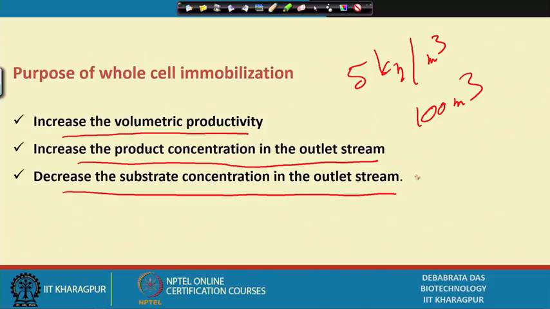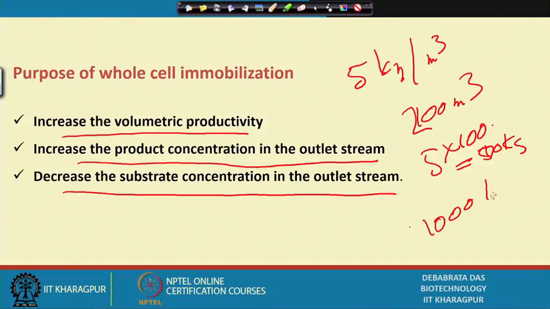How much product can you have? 5 into 100, that is 500 kg, am I right? Now, if we have 200 cubic meters, then 5 into 200 will be 1000 kg. So as we increase the volume of the liquid, the productivity increases. And decreasing the substrate concentration in the outlet stream is very important.